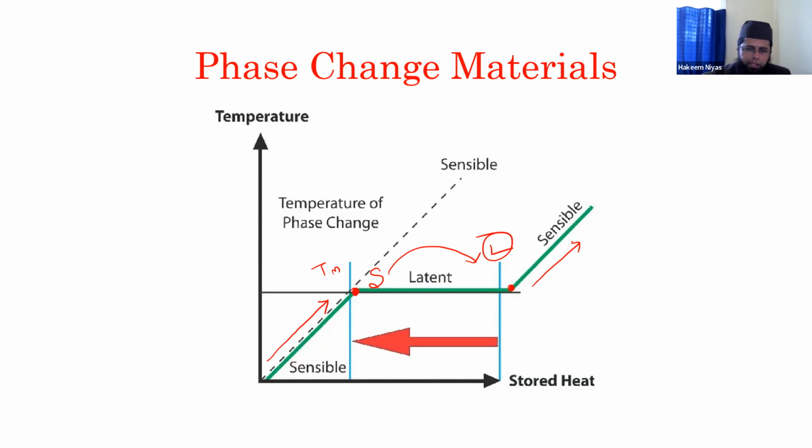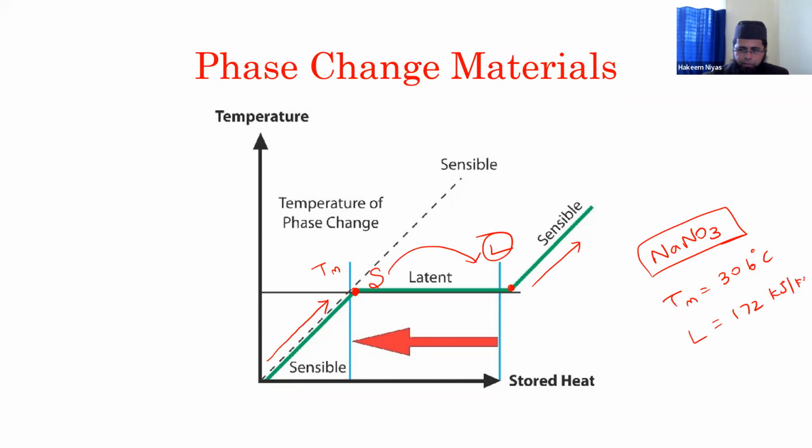Okay, so these materials, the important thing is, for example, if you take sodium nitrate, for the building I have to use a low temperature PCM. Just for example, its melting point is about 306 degrees Celsius, useful in solar thermal power plants. Its latent heat is about 172 kilojoule per kilogram.